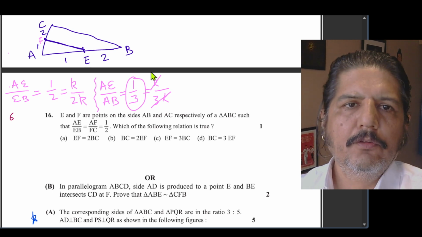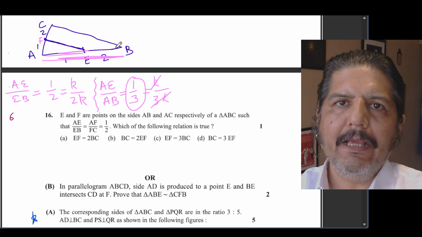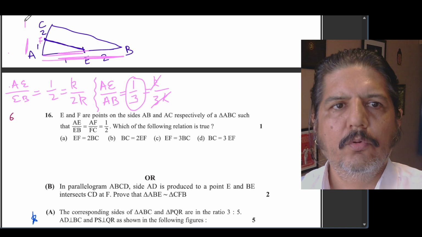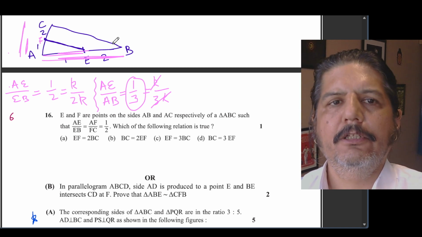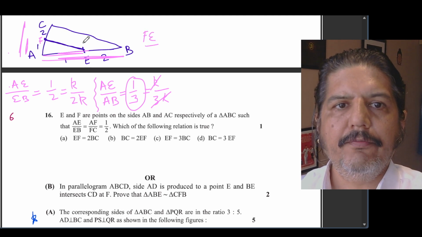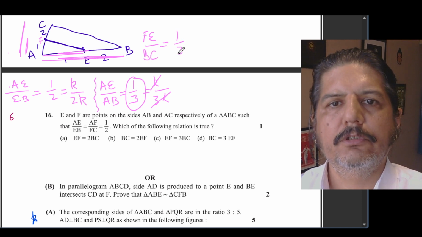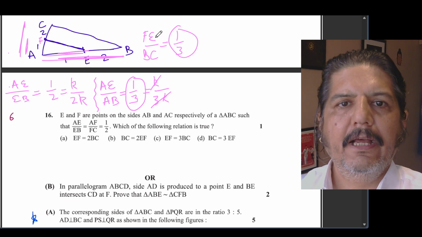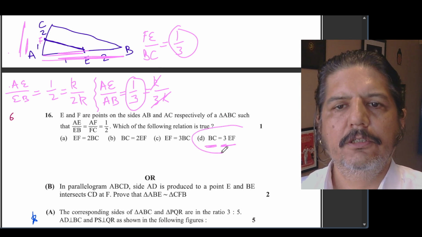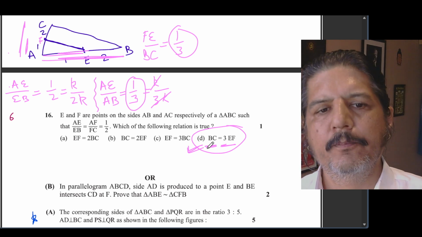Similar would happen here also. This upon the whole of this would be 1 upon 3, which implies that FE upon BC would have a ratio of 1:3, which implies that 3 times FE would be equal to BC. So my correct answer would be part D. Hope this makes sense.